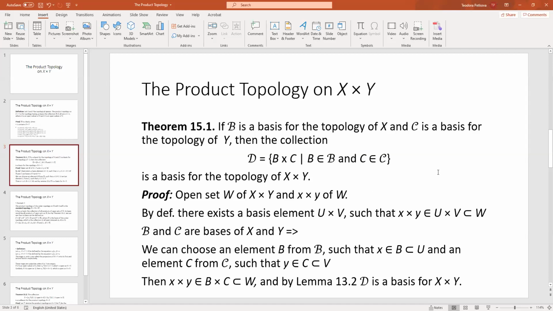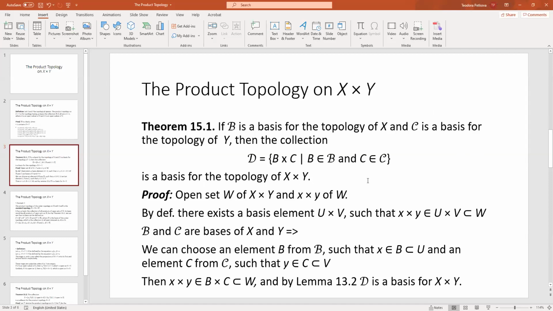And so our proof goes like this: we have an open set of X cross Y, which we name W, and then we have a point in it, which we name little x cross little y.